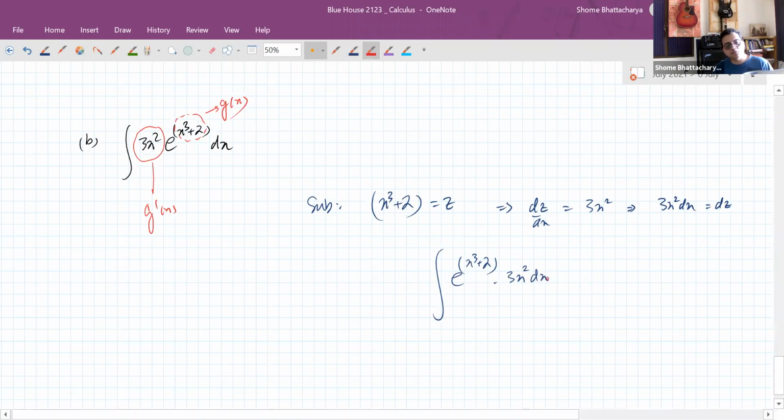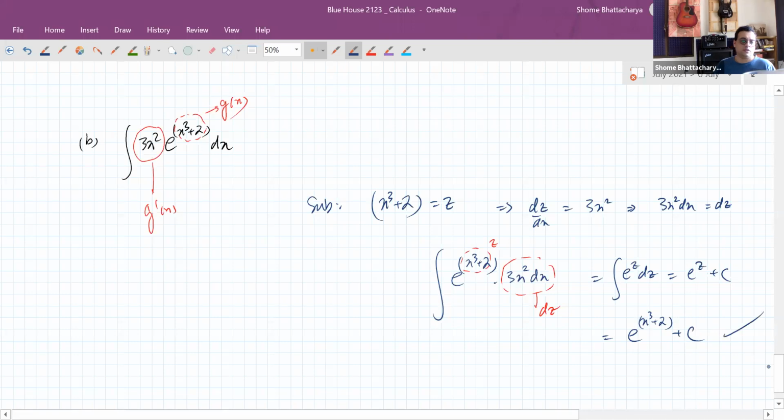So this whole term will now become dz because this term we have put as z. The integral has just become e raised power z. So quite easily that is. Let's put this down.